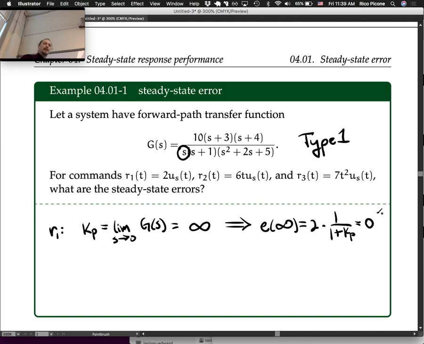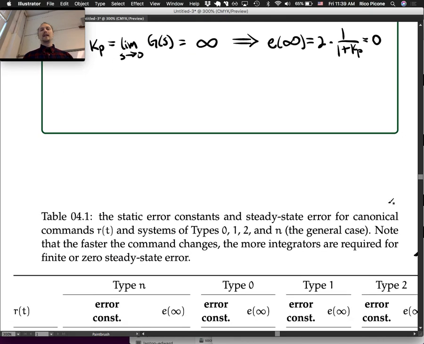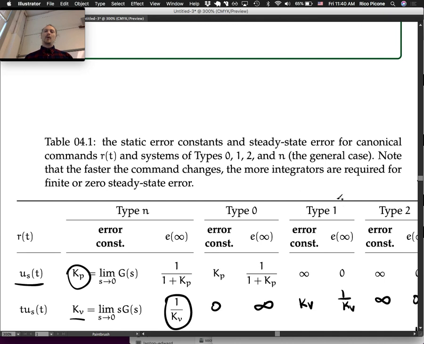So for this system, if you give it any sort of step input, even if it's 2 or 10 or whatever it is, it's going to have 0 steady state error. We knew that if we looked at the table, we would say, oh, it's a type 1 system, and it has a unit step input, so its steady state error is going to be 0. You can scale whatever's in there by whatever the command is scaled by. So if you scale by 2, you scale 0 by 2, you still get 0.